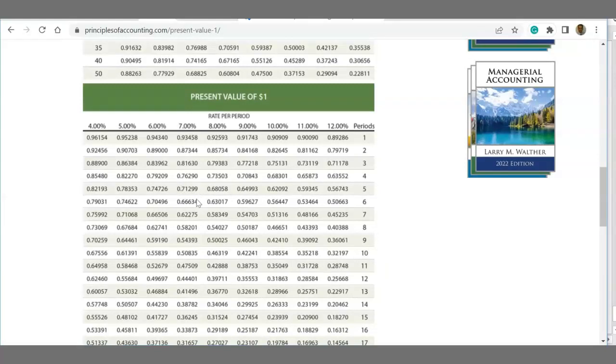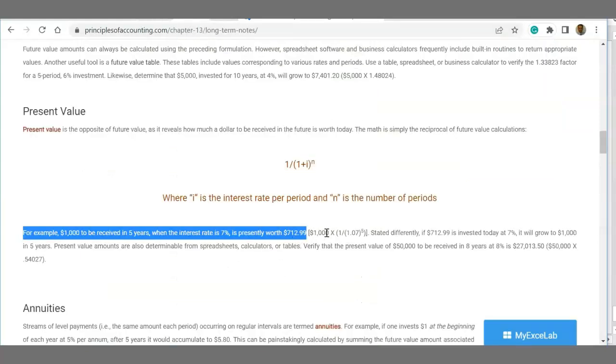And the factor is 0.71299. So if you multiply 0.712999 by $1,000, that will end up to be today's value at $712.99. Make sense? How to work with the tables?